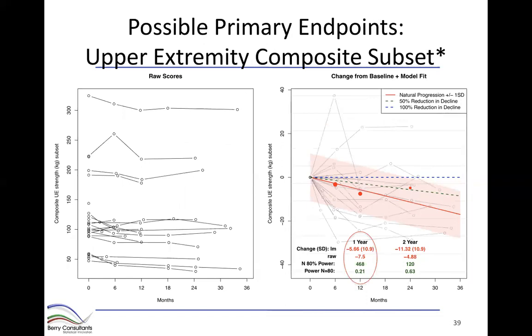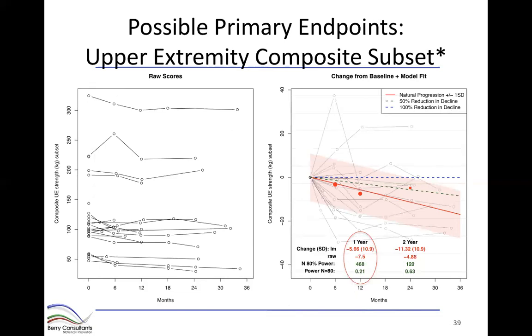As this trial was going on, we were able to look at our natural history data, plot it for this particular endpoint, and get the power for that endpoint as well. What we estimated was for a 1-year study with 80 subjects, which Ultragenyx was enrolling, they would have about 21% power. So we were able to estimate that this study was very underpowered on the proposed primary endpoint.